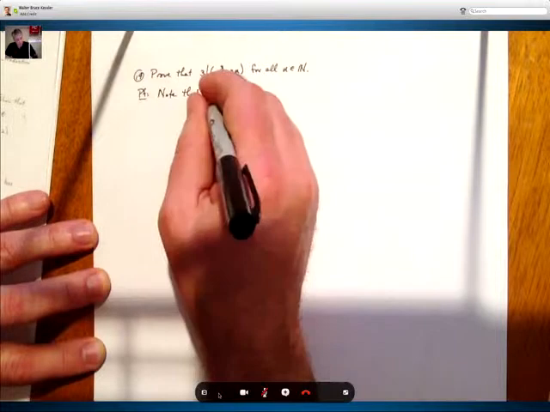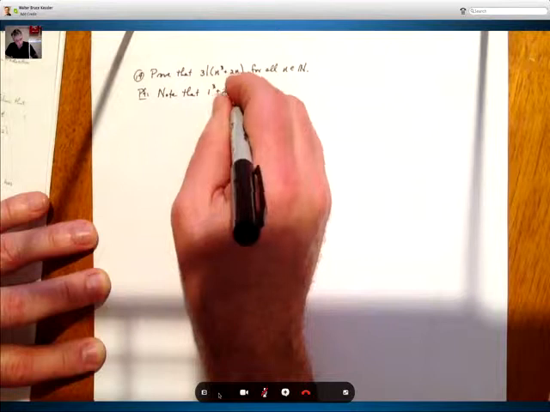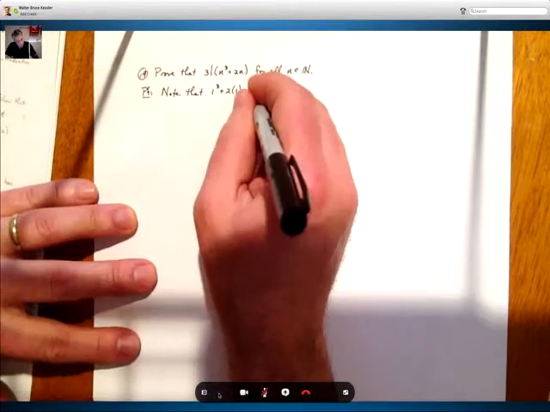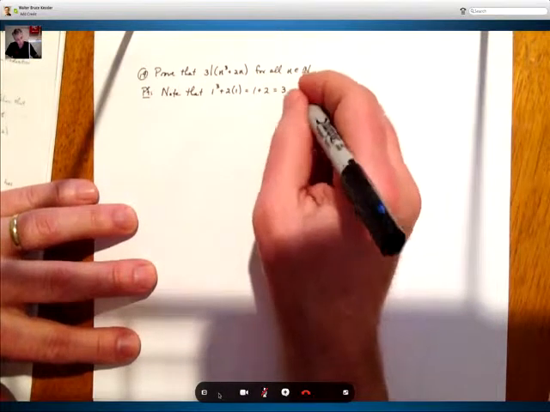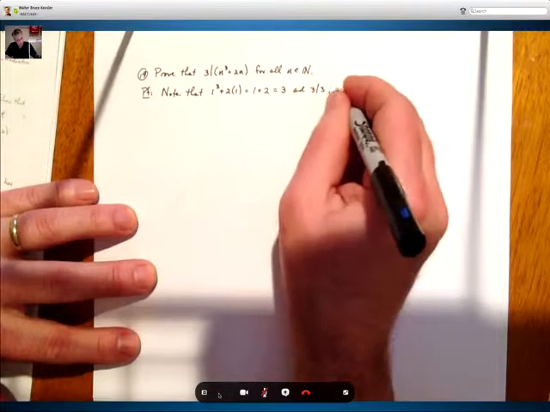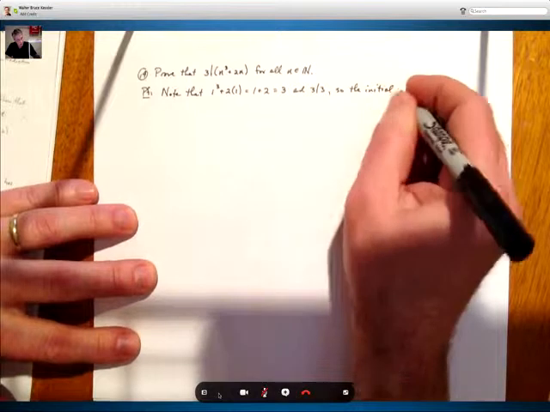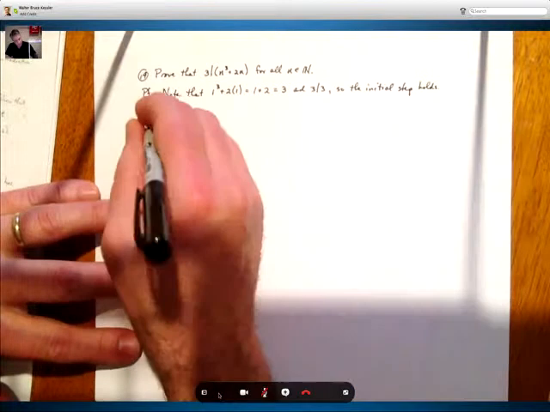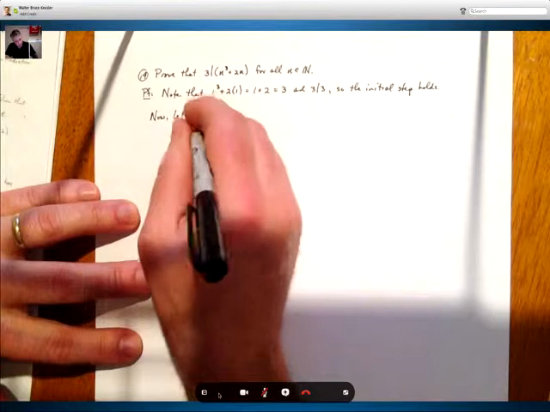via induction. So I would start out by saying, note that 1 cubed plus 2 times 1, which 1 is our first natural number, right? So this is 1 plus 2 equals 3. And 3 divides 3. So the initial step holds.